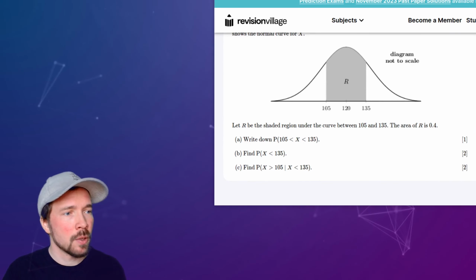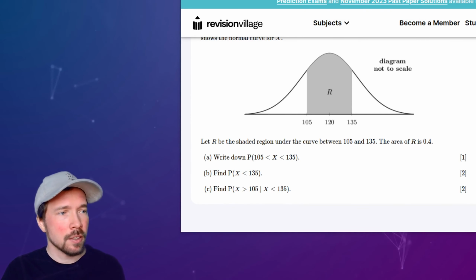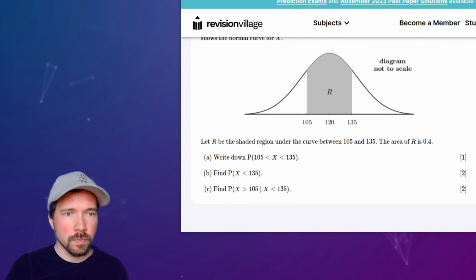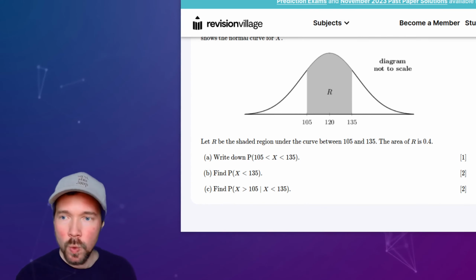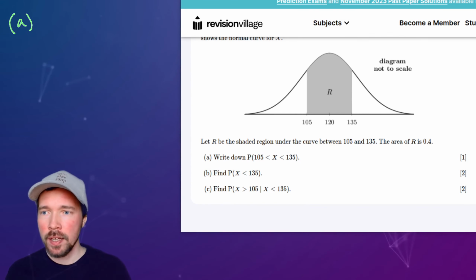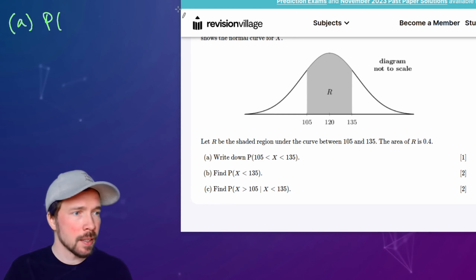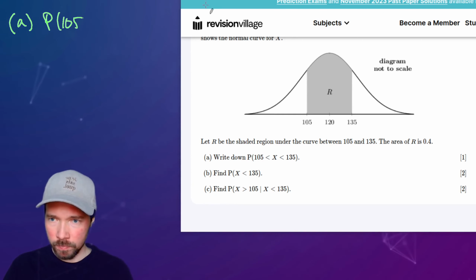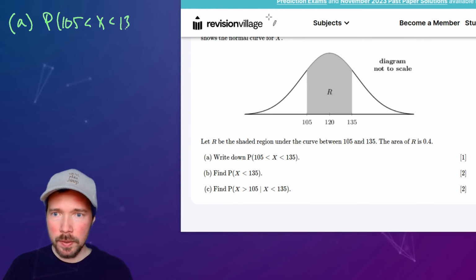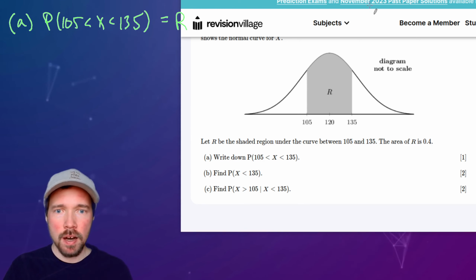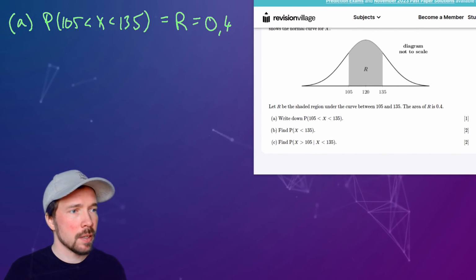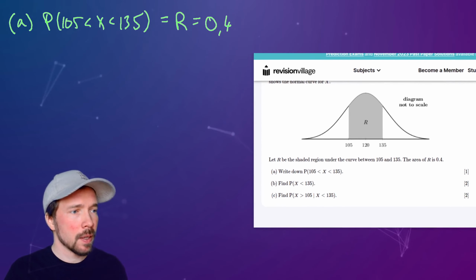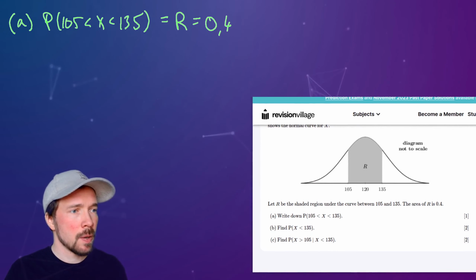So the answer for A is very simple. The probability is given by this R, which is 0.4.